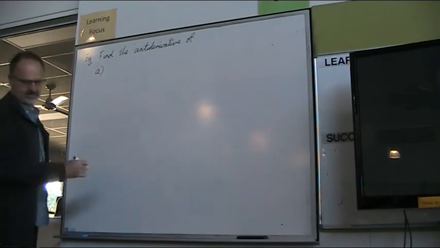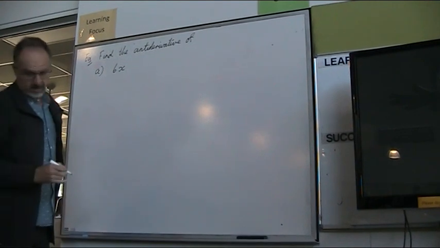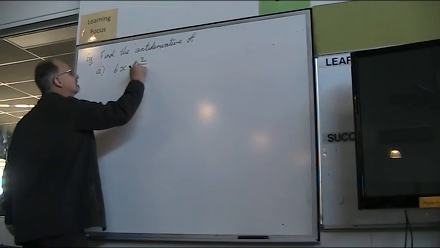Alright, so the first one, 6x minus 2 on x squared.